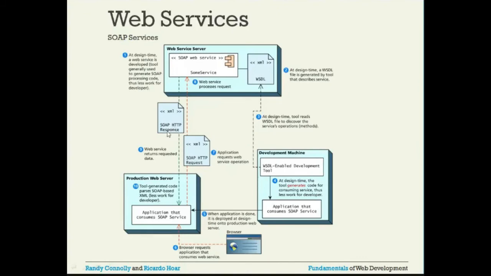So it's XML. Once the SOAP HTTP response is returned back, the tool-generated code parses the SOAP-based XML. Whatever response you get, we already have tool-generated code which will process that, and therefore there is less work for the developer. This is how the architecture for the SOAP services works.